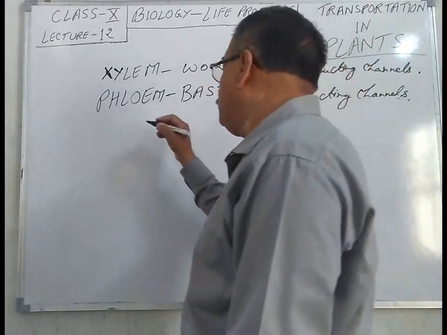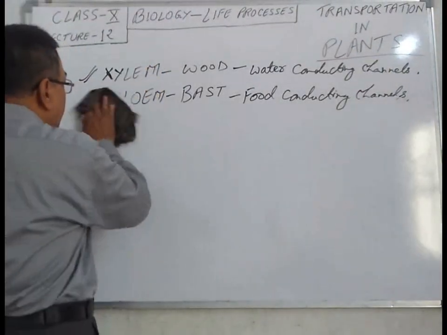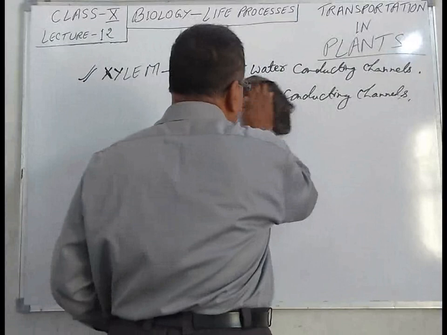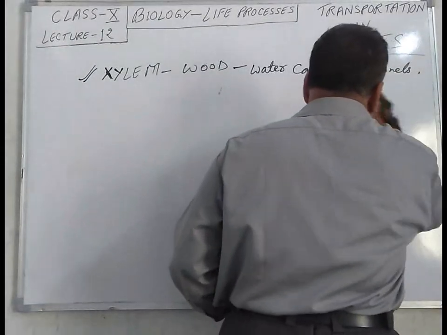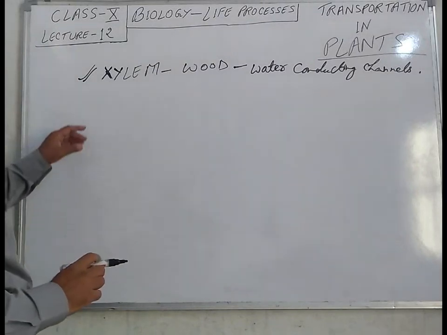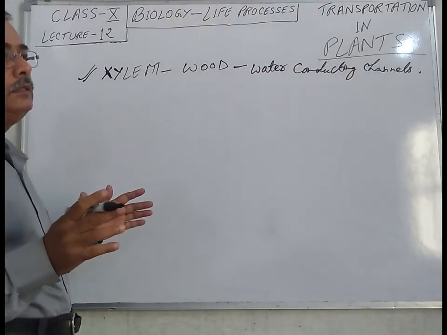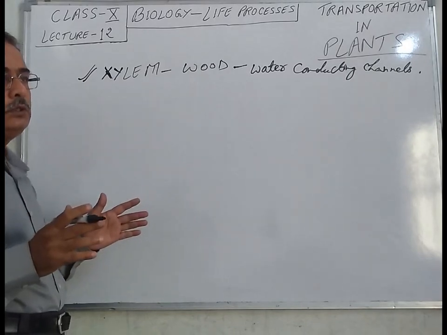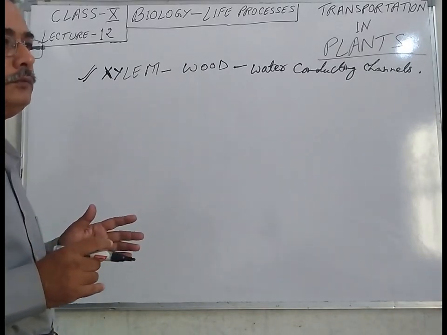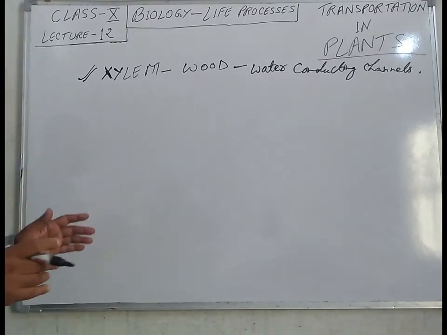Firstly, we are going to discuss xylem, that is, water conducting channels. As we have learned in class 9th, xylem is a special type of tissue. It is made up of 4 different kinds of cells.